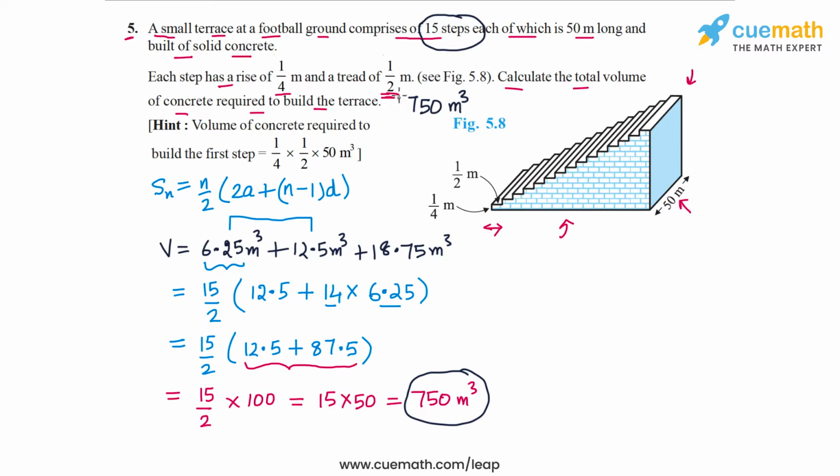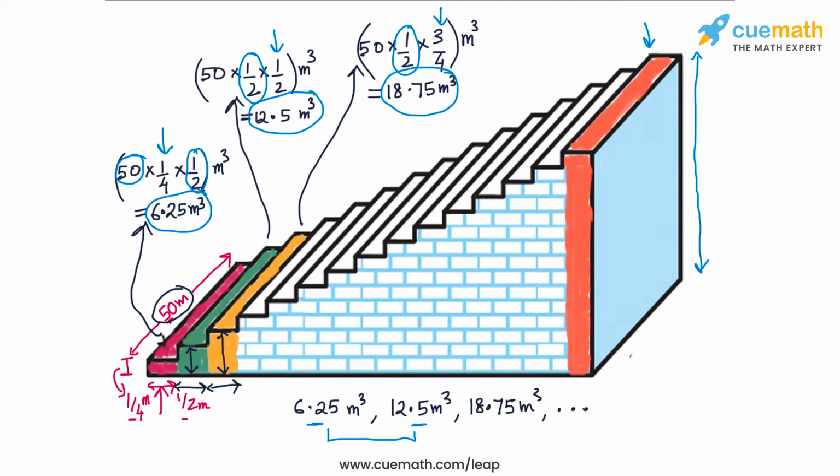So once again, keep in mind how I solved this problem. I basically deconstructed this structure as a series of volumes which form an arithmetic progression. And the way I did that was I looked at all the steps forming this structure and wrote the volumes of those steps, and from there I created this arithmetic progression of 6.25, 12.5, 18.75 and so on.